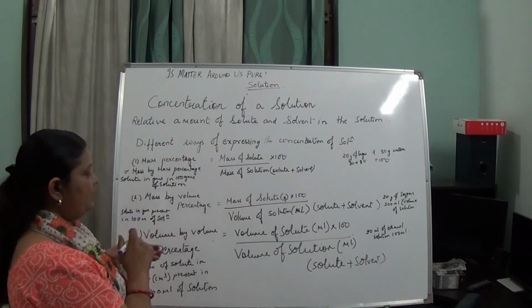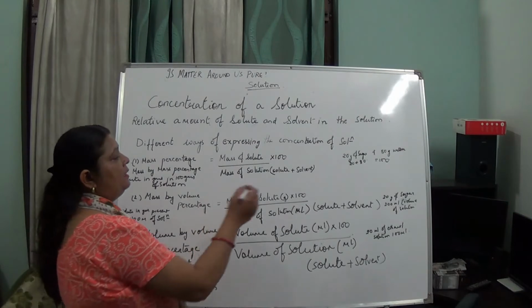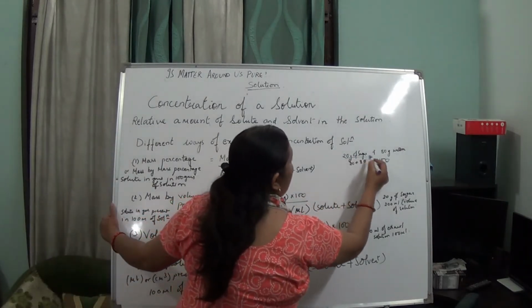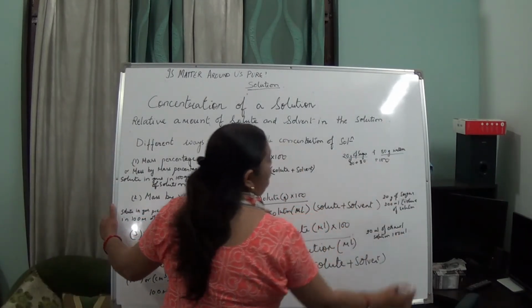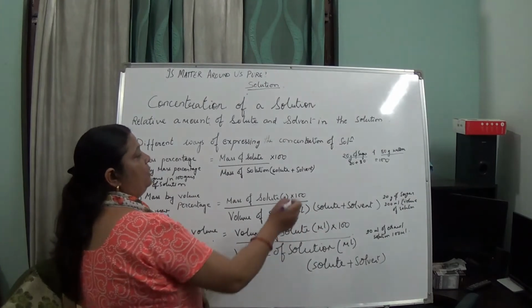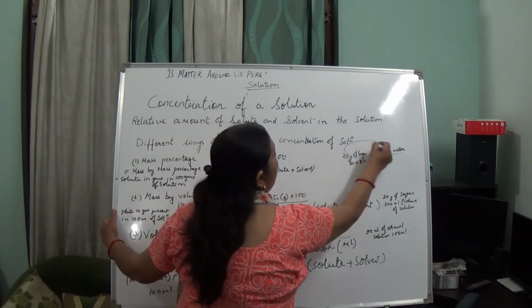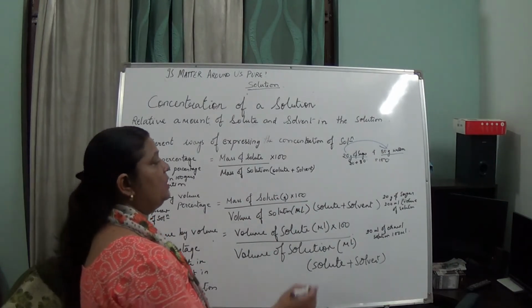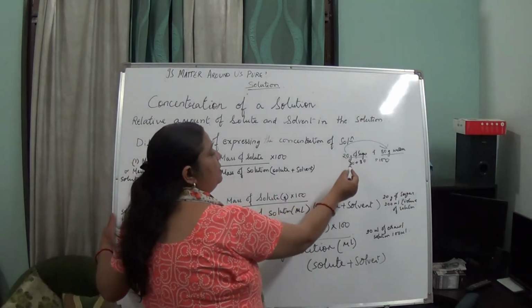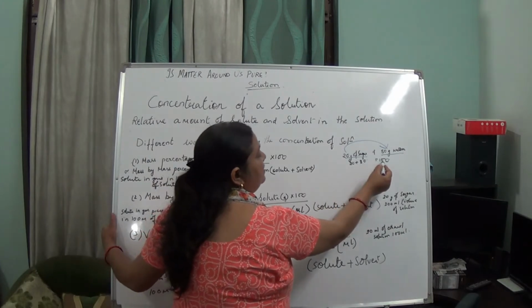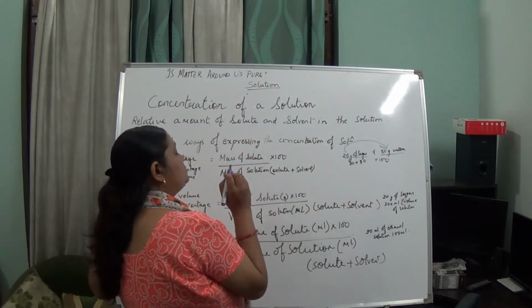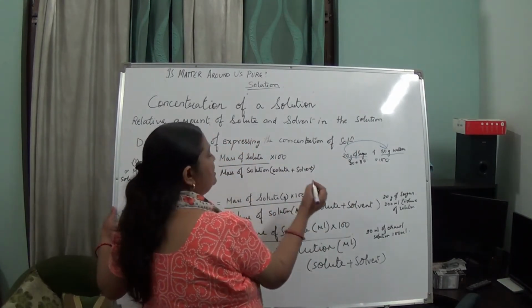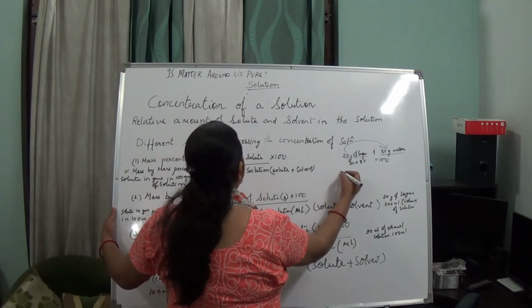Suppose you are given 20 grams of sugar and the solvent is 80 grams of water. You are adding 20 grams of sugar in 80 grams of water. So your solution will be how much? Solution is solute plus solvent, so it becomes 20 plus 80, that is 100. Now take out the mass percentage.